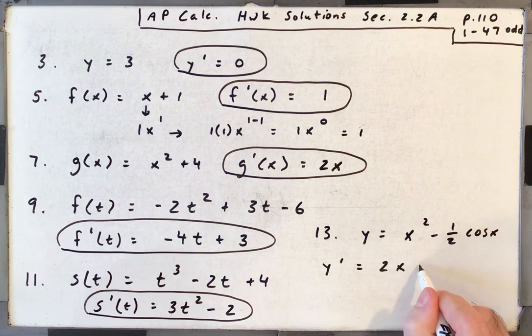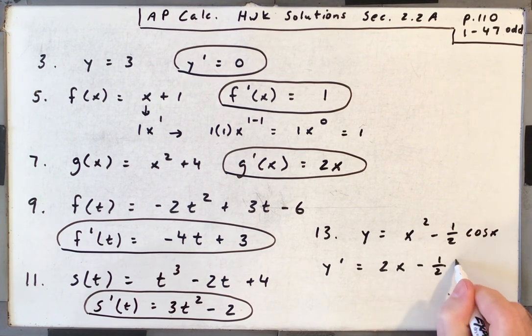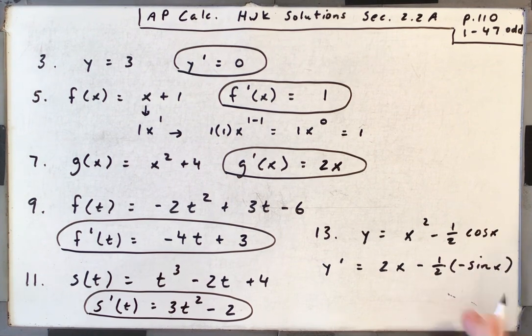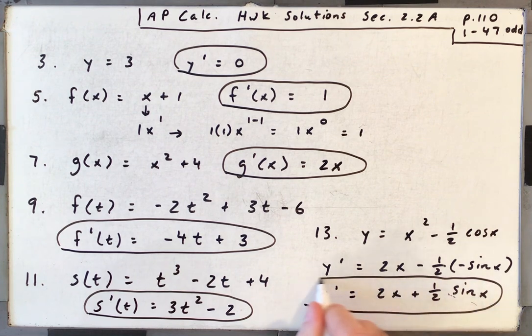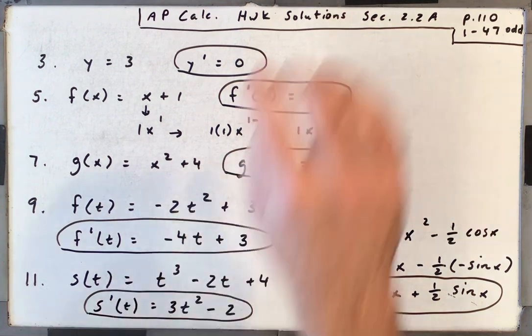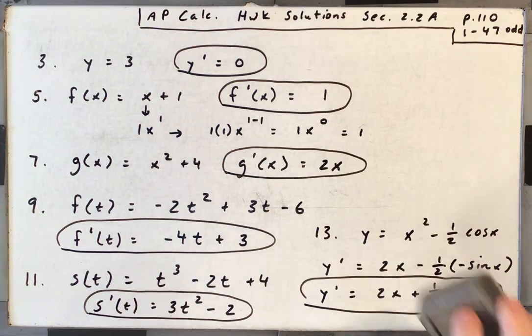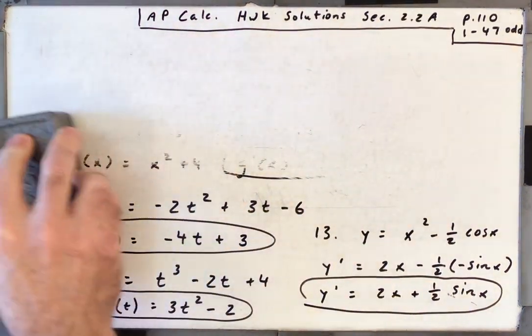Then minus 1/2 times the derivative of cosine, which is minus sine x, isn't it? So y prime, cleaning this up, would be 2x plus 1/2 sine x. All right, going good. Let's take a moment to erase.